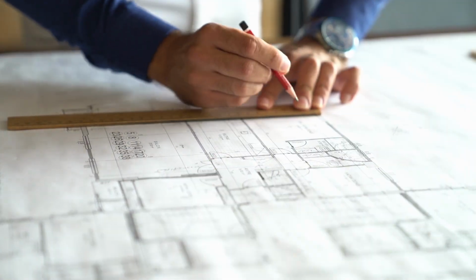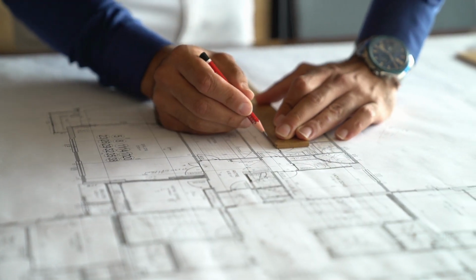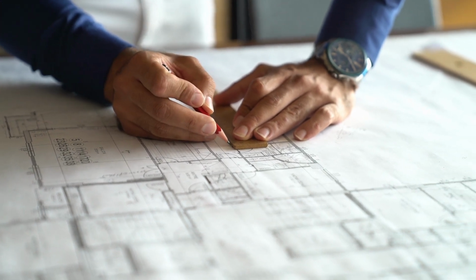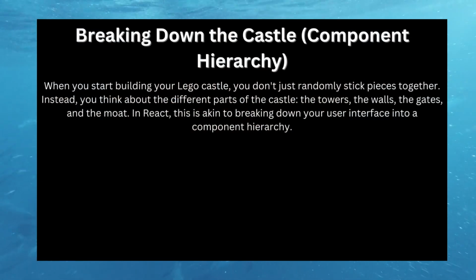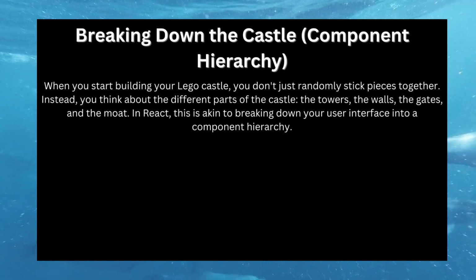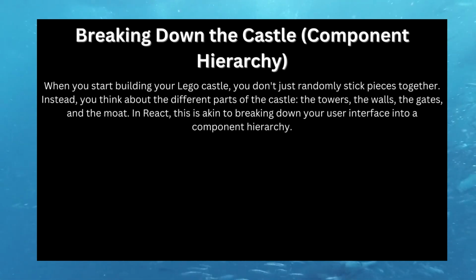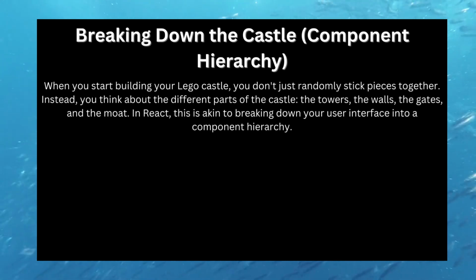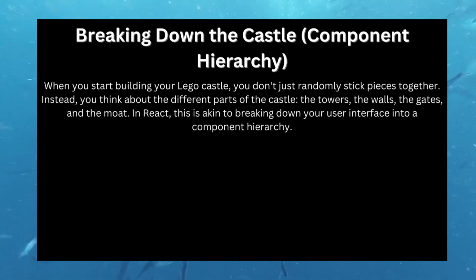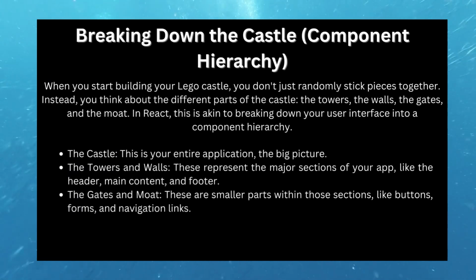Breaking the UI into a component hierarchy is similar to breaking down the blueprint of the castle. When you start building your Lego castle, you don't just randomly stick pieces together. Instead, you think about the different parts of the castle: the towers, the walls, the gates, and the moat. In React, this is akin to breaking down your user interface into a component hierarchy. The castle, this is your entire application, the big picture.